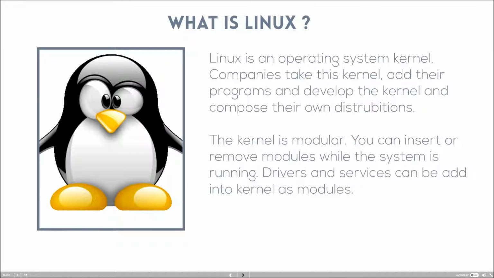Well, why is that? Because companies take the Linux kernel and add their programs on it and develop their kernels, make their own distribution. For example, I use Kali Linux because lots of penetration testing tools are on it. All distributions have their own purposes.